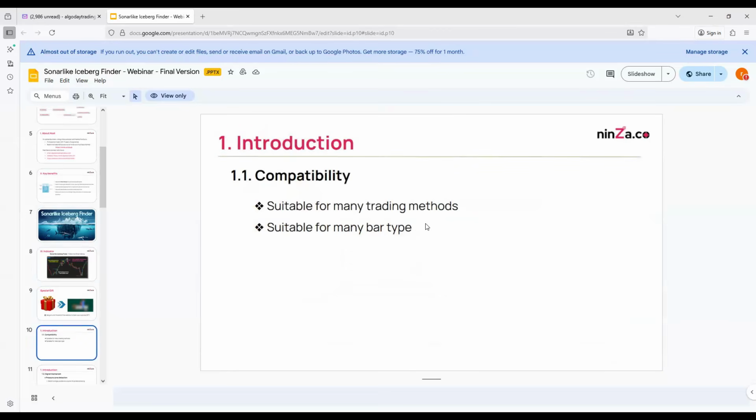So how do I use it? You can use it on a very small time frame for entries, but that's really not how I use it. There are other indicators you can use for entries. To me, this is an indicator that tells a story. It tells me what institutions are doing right now in real time.